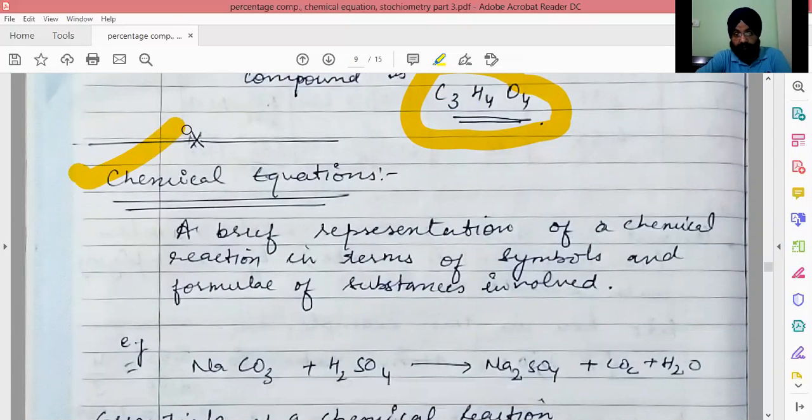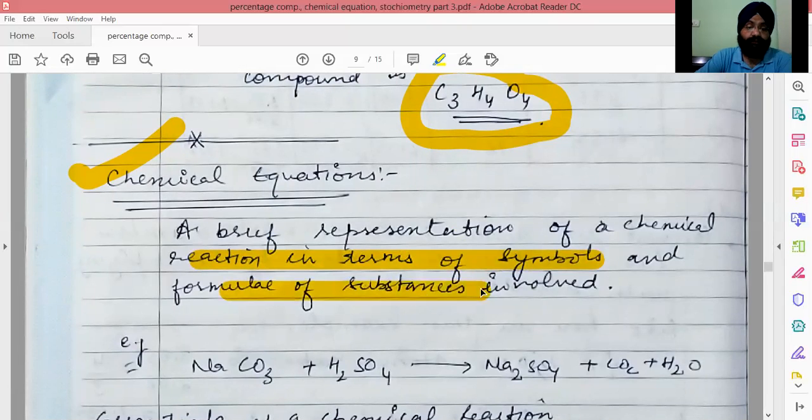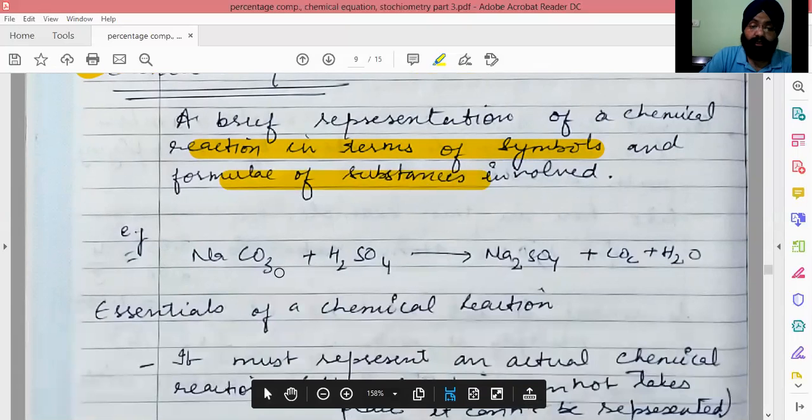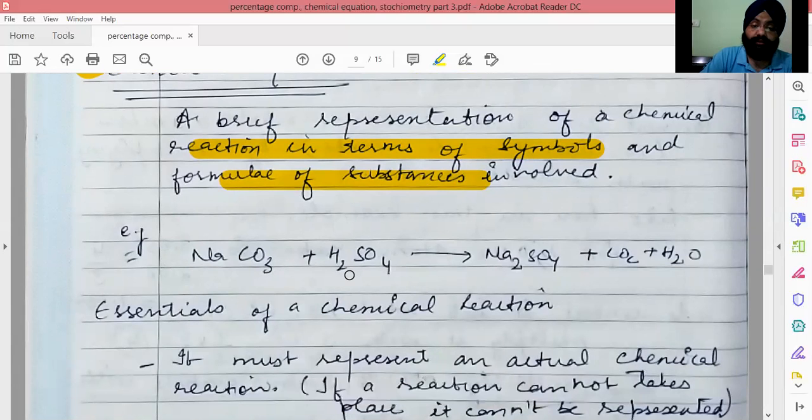Next topic is chemical equation. It is a brief representation of a chemical reaction in terms of symbols and formulas of the substances. For example, sodium carbonate plus sulfuric acid gives sodium sulfate, carbon dioxide, and water.